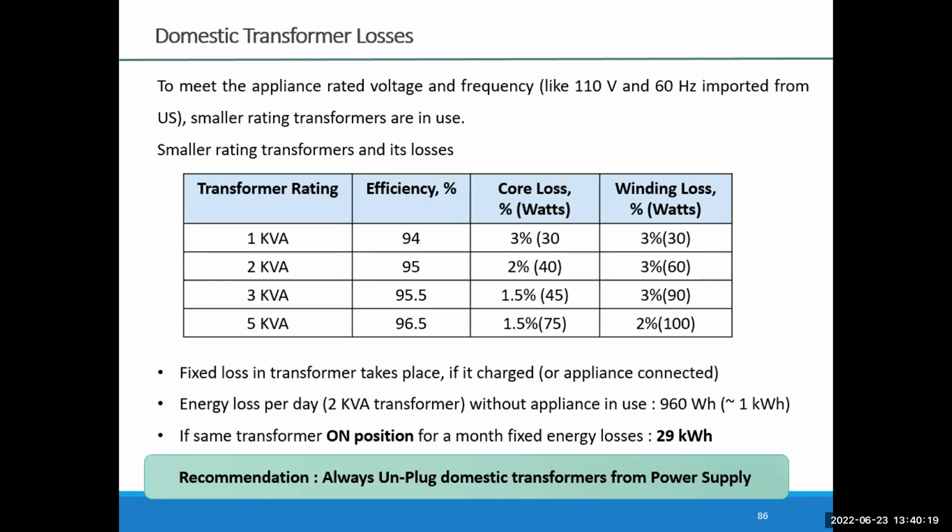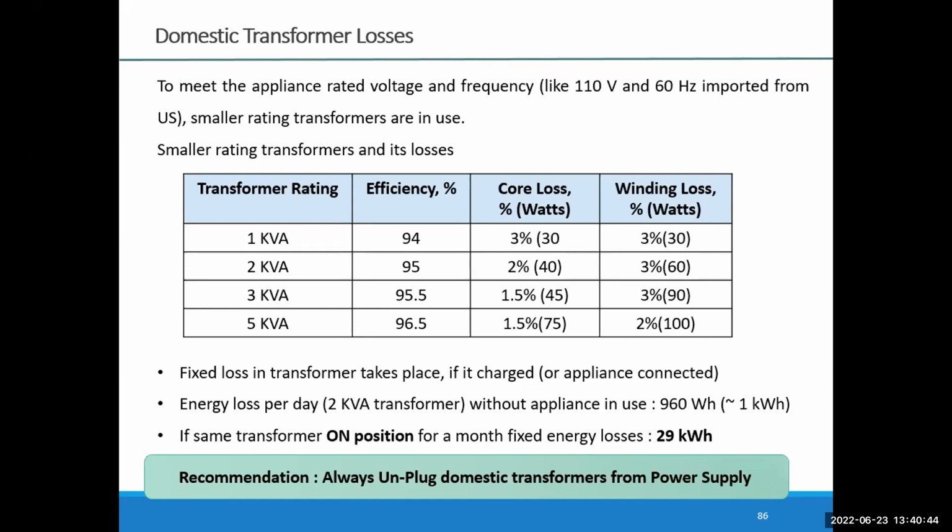The losses of these 1 kVA, 2 kVA, 3 kVA and 5 kVA transformers, which are the most commonly used capacities, are shown here. The core losses are in the range of 30 watts to 75 watts, whereas the copper or winding losses are in the range of 30 watts to 100 watts.